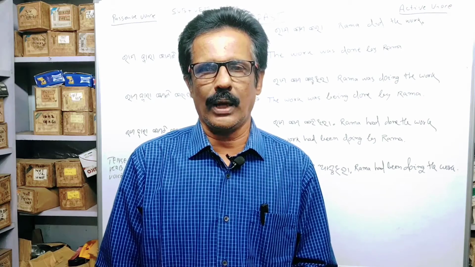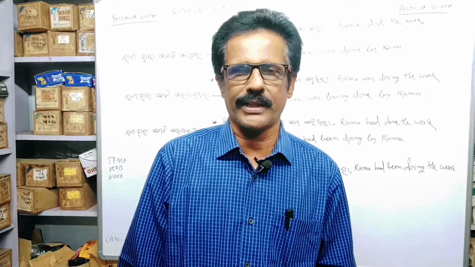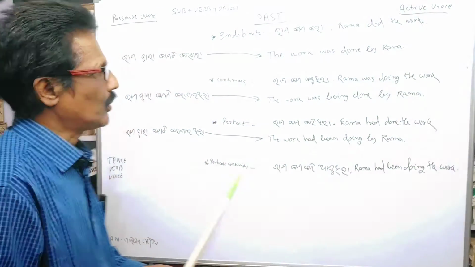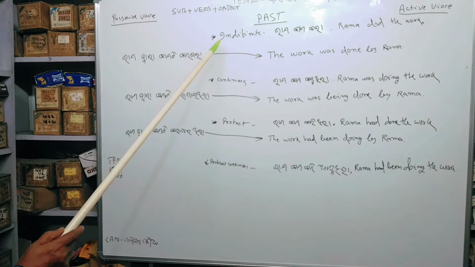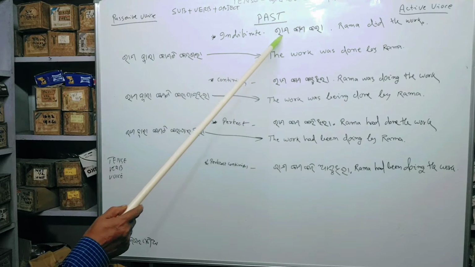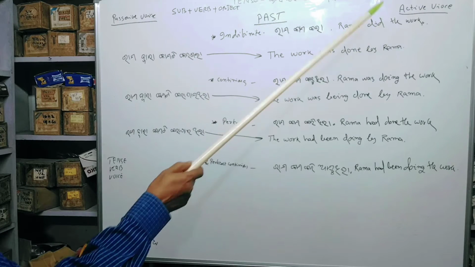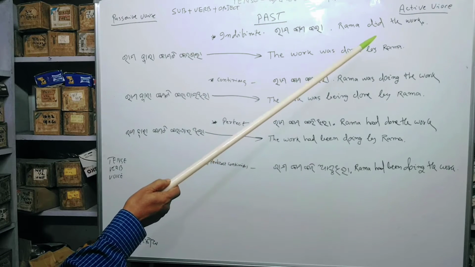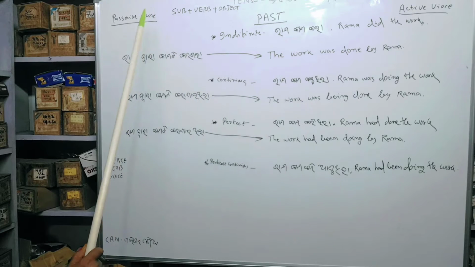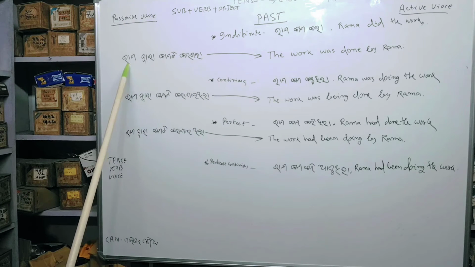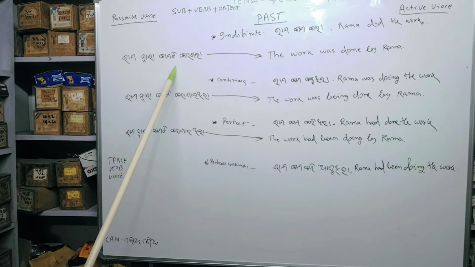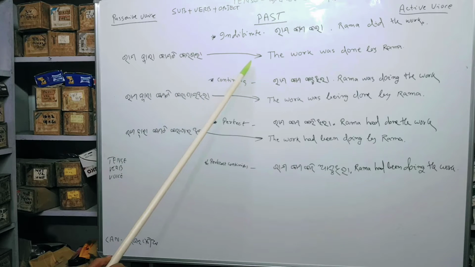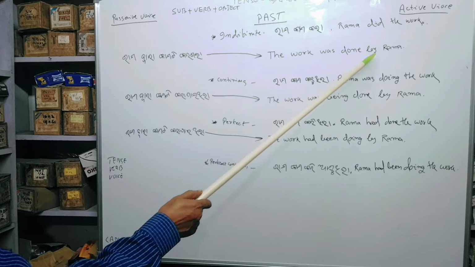Now our work is to change the voice, active voice to passive voice. And here it is past indefinite, Rama did the work, it is active voice. If you change the voice to passive voice, it will be: the work was done by Rama.